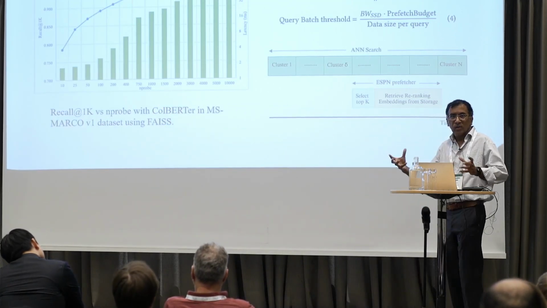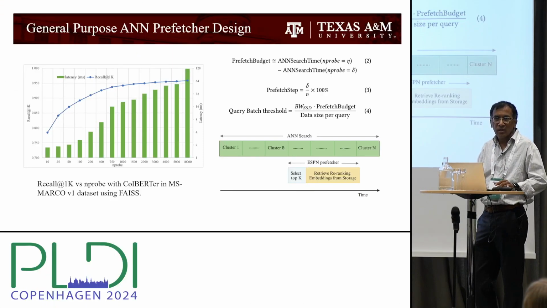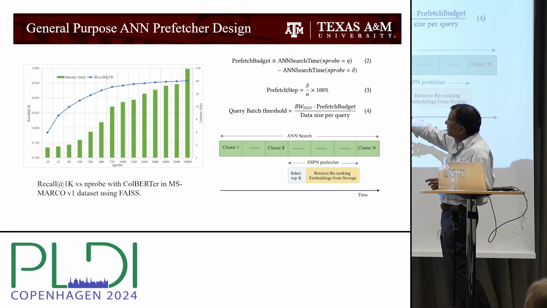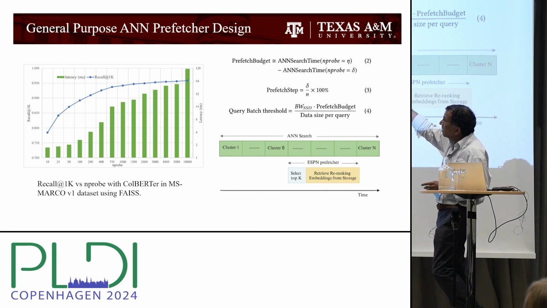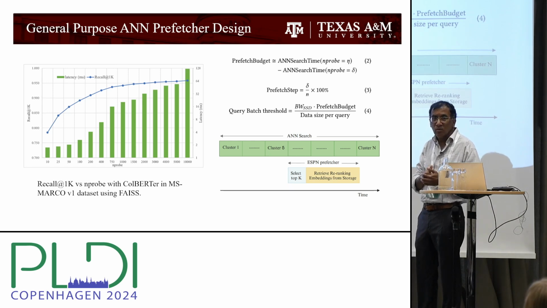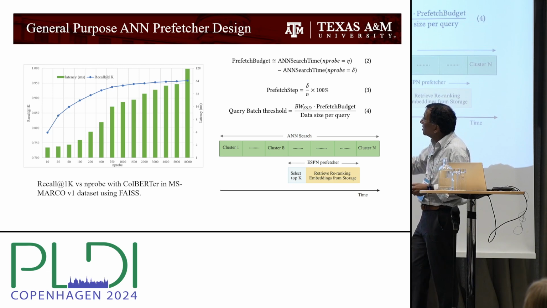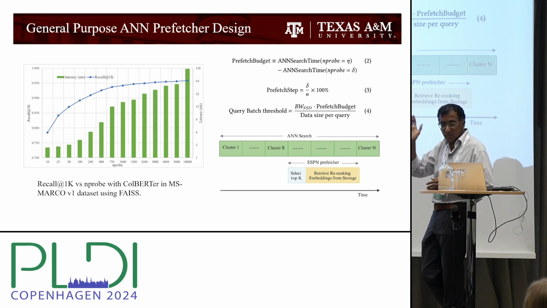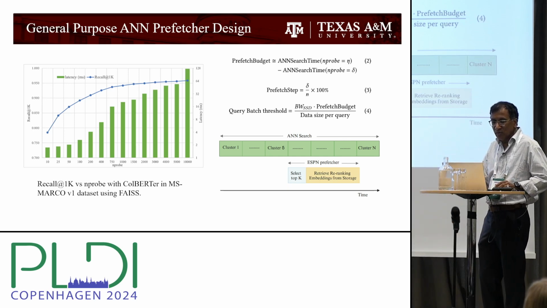Nprobe is the number of clusters you're going to query to see if they're close to the query you're looking at. As you increase the number of probes, on the y-axis is the recall at 1K, which tells you how likely you are to get the document. It levels off after a while, so you can trade this off for a bit of room to get what you need.